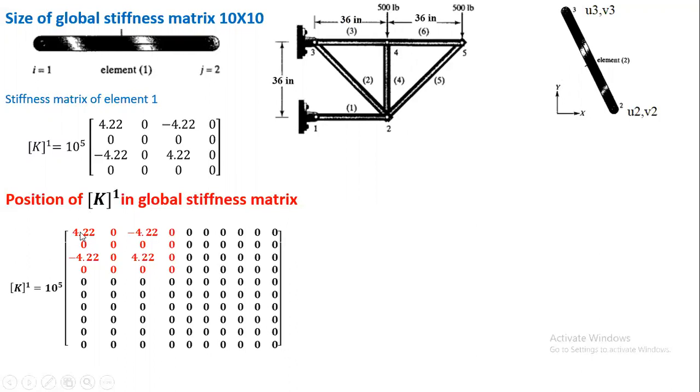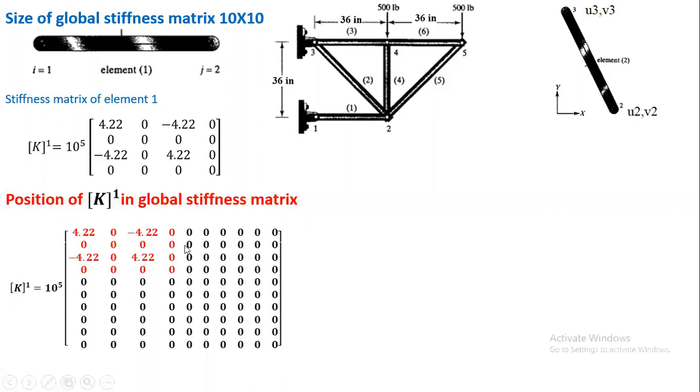K11 means displacement at node number 1, or it is associated with node number 1. This is u1. If we write here u1 v1, u2 v2, u3 v3, u4 v4, u5 v5, and below also u1 v1, u2 v2, u3 v3, up to u5 v5.